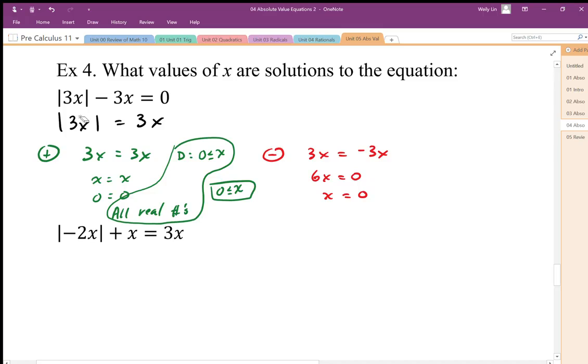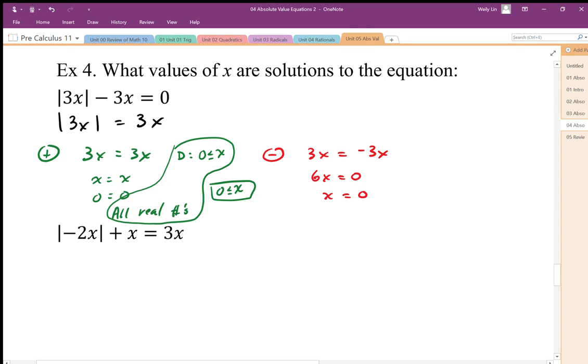So when x is 5, yeah, that works. But when x is less than 0, -1, for example, gives us -3. The absolute value of -3 is not equal to -3. So it doesn't work outside the domain. We also have it equal to 0. However, we did include that here, so that represents the boundary.